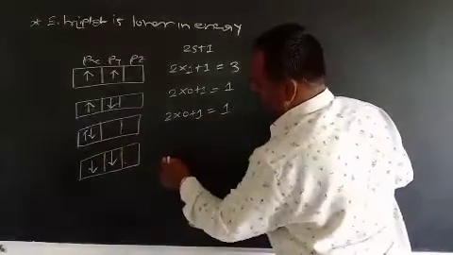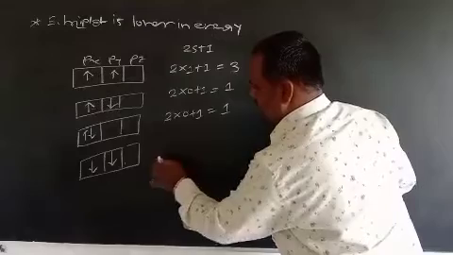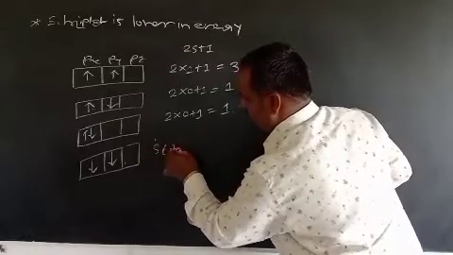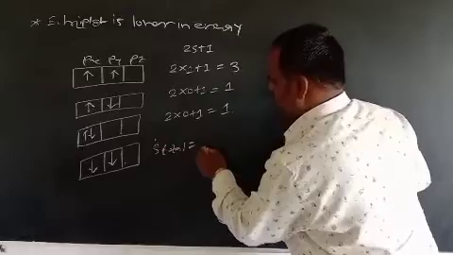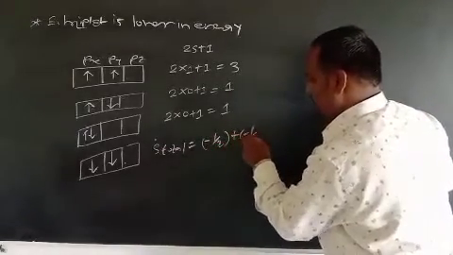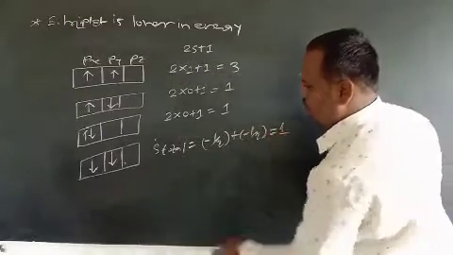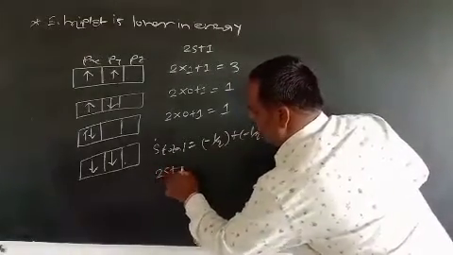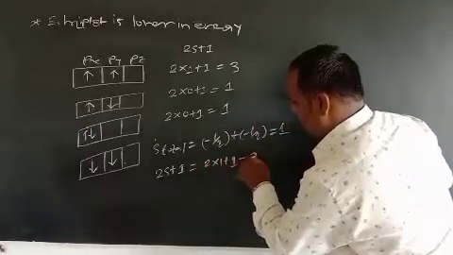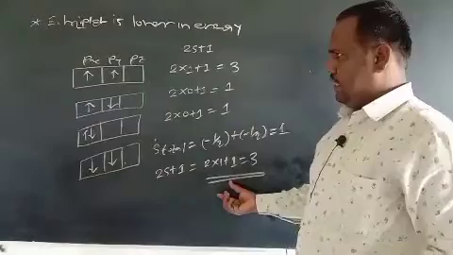And here the total spin is minus 1/2 plus minus 1/2, which is equal to 1. So 2S plus 1 is equal to 2 into 1 plus 1, which is equal to 3. So in this case the spin multiplicity is equal to 3.